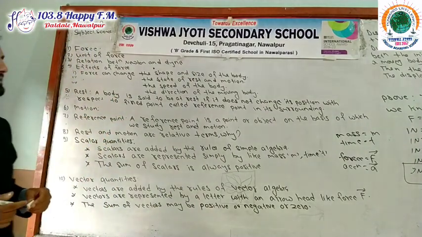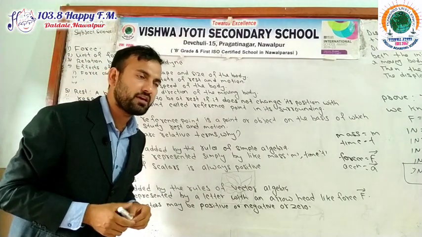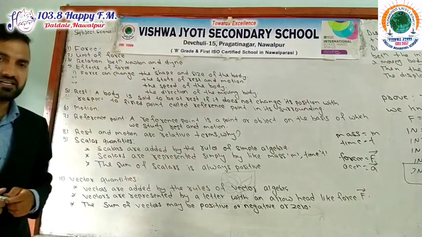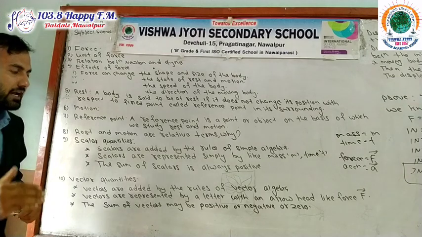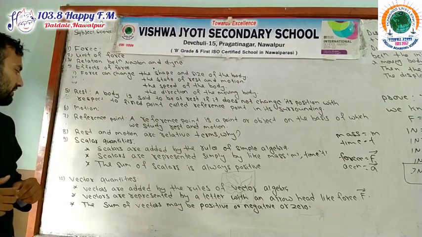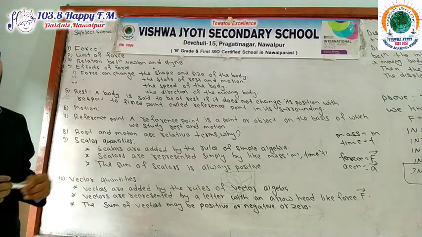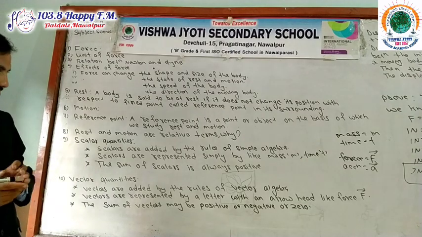The sum of vectors may be positive, negative or 0. Those are the vector quantities.